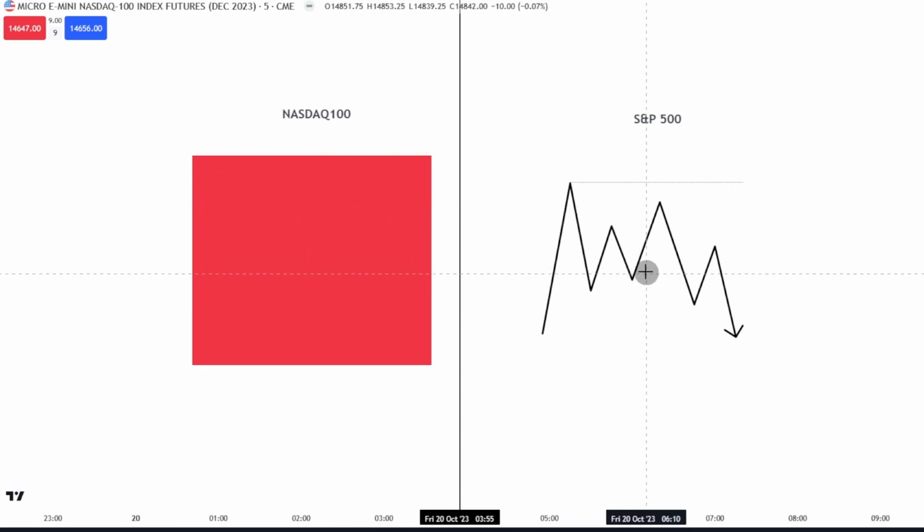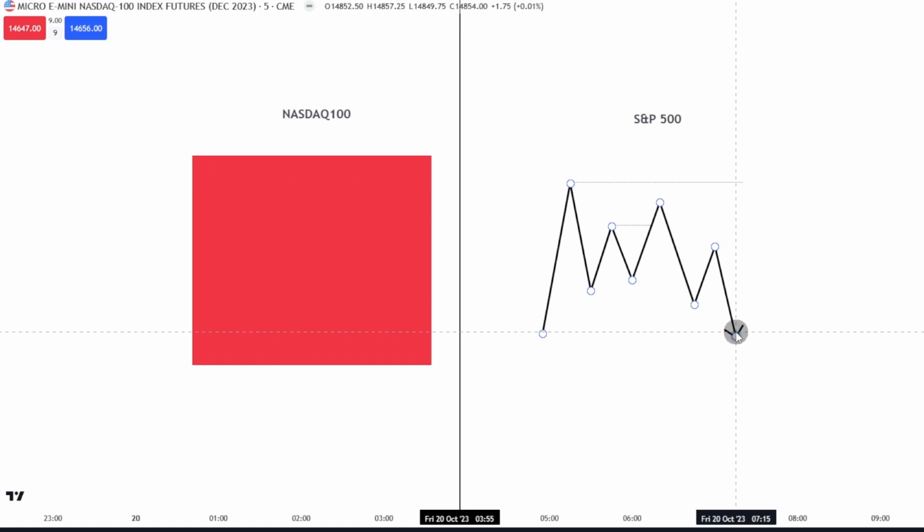We just failed to make a new low. We just had a market structure shift here. The draw for most people would probably be this high. That is a very reasonable area to place your take profit.